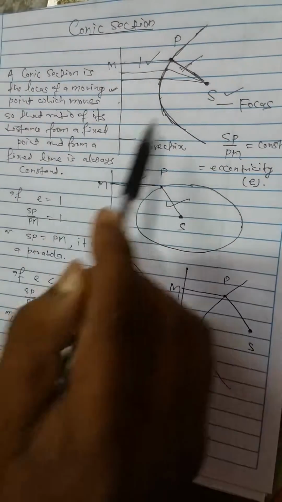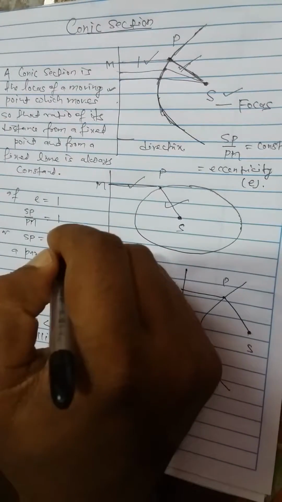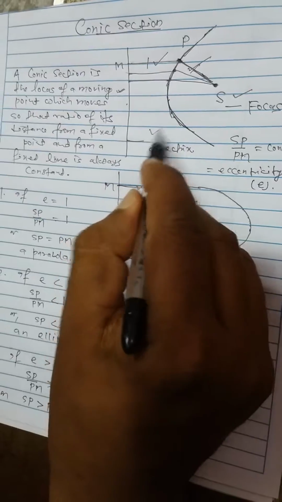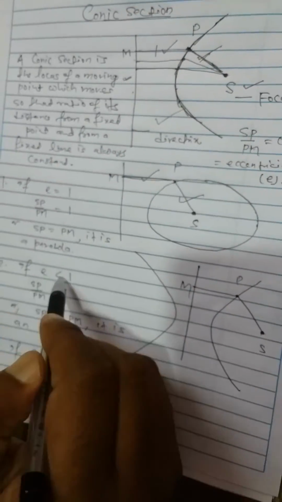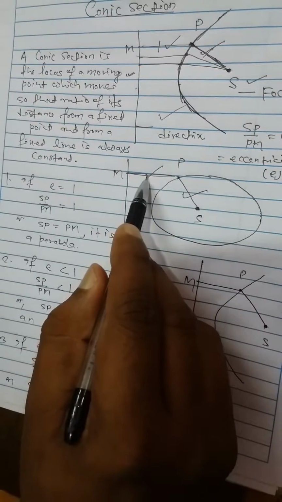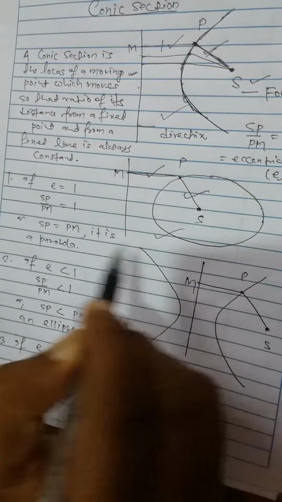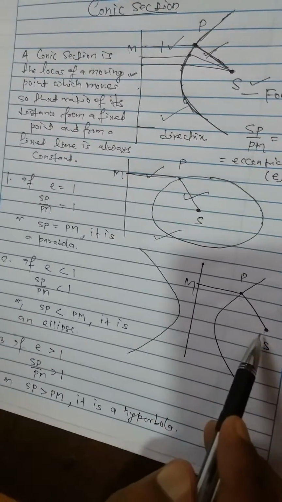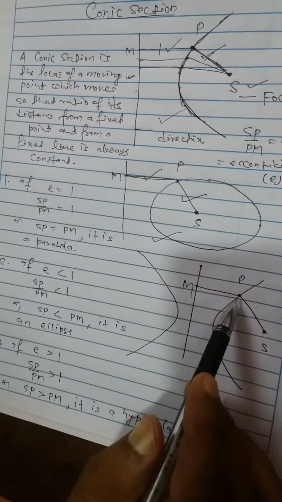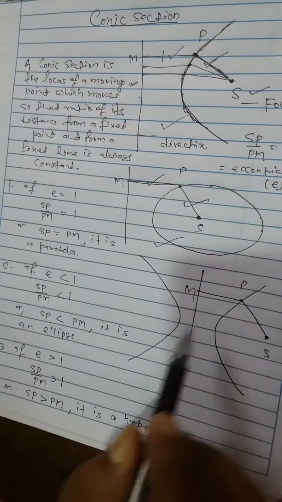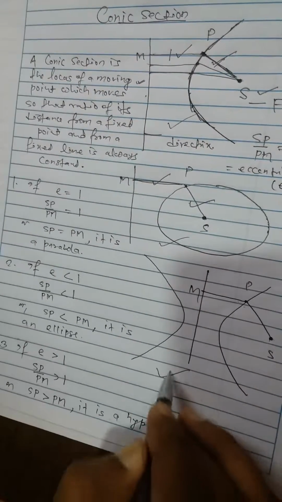We learned that if eccentricity is exactly 1, then distance SP will be equal to distance PM, and it is a parabola. If eccentricity is smaller than 1, then distance SP will be smaller than distance PM, and it is an ellipse. If the eccentricity is greater than 1, it means distance SP is greater than distance PM, then it is a hyperbola.